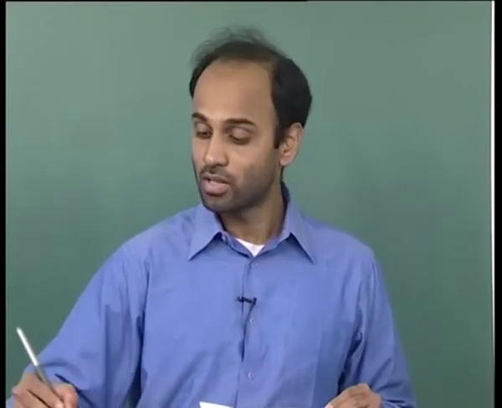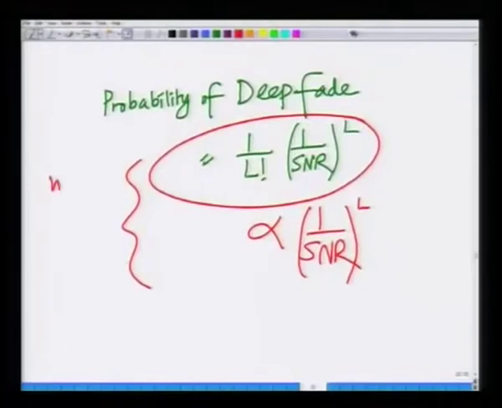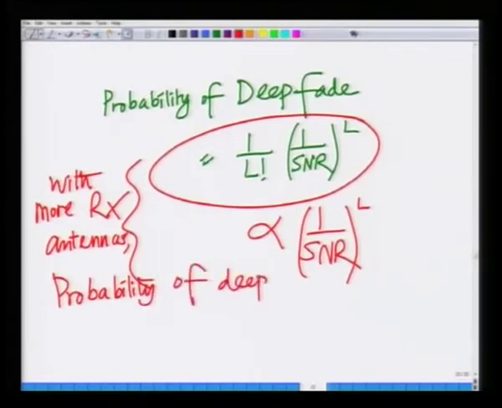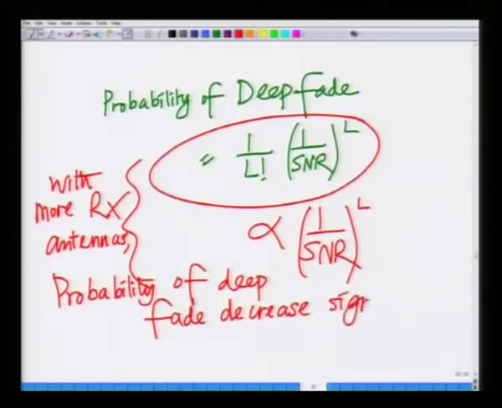That is what this means: with more RX antennas, the probability of deep fade decreases significantly.